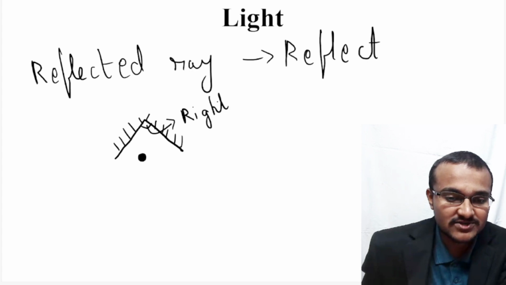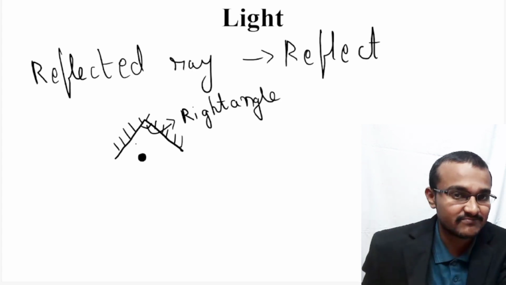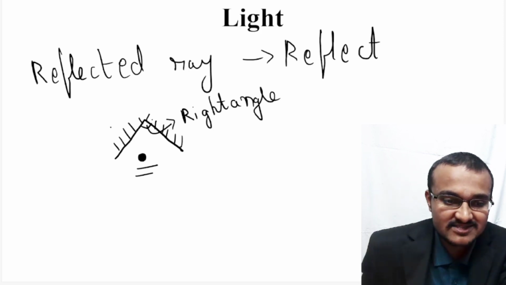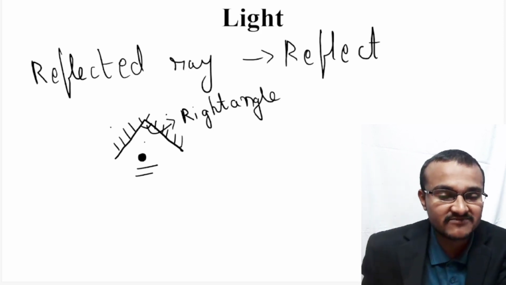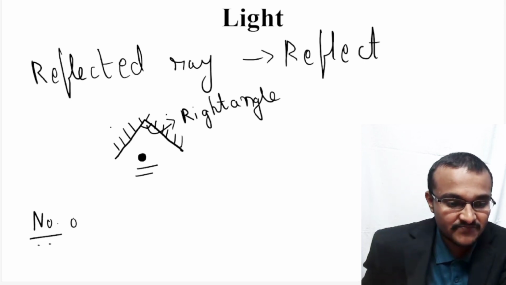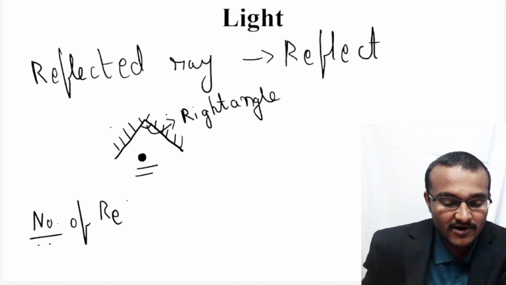Now if you place an object in between these two mirrors, then the reflections you can see inside this mirror and this mirror, if you count them, there is a formula for this.